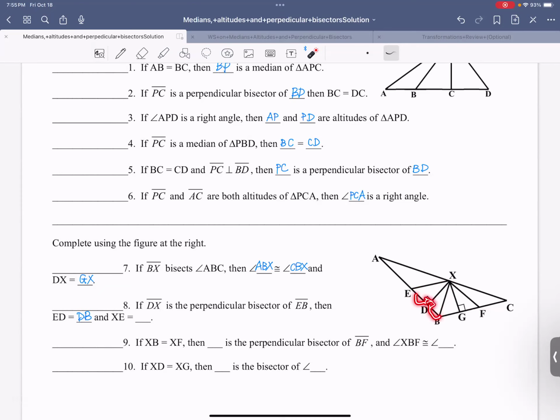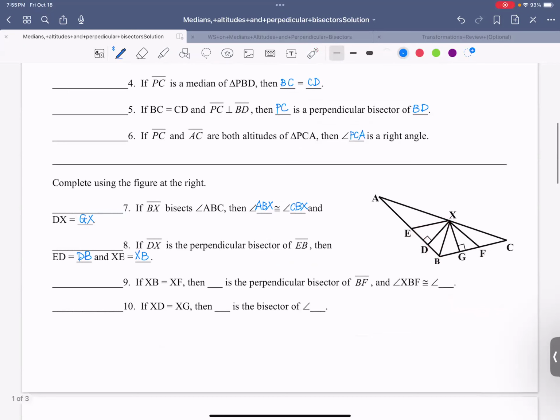This is 90 degrees. Right angles are congruent. This equals itself by the reflexive property. So these two are congruent. Then you do CPCTC. You get these two congruent, right? Very nice.